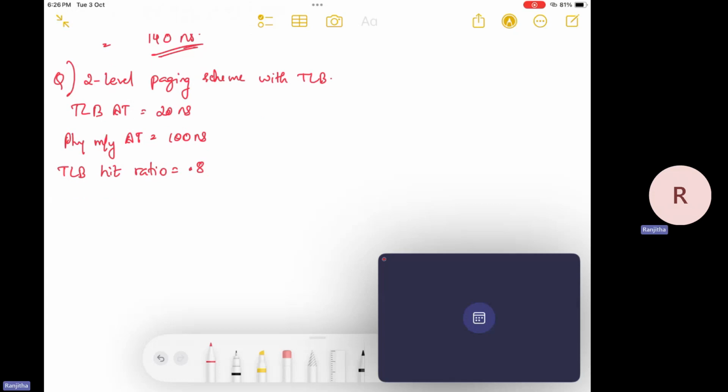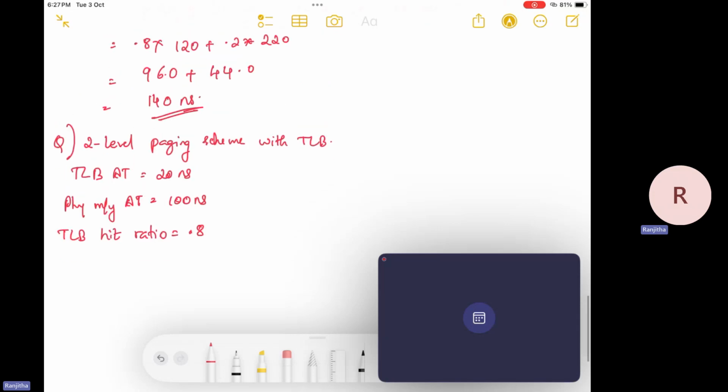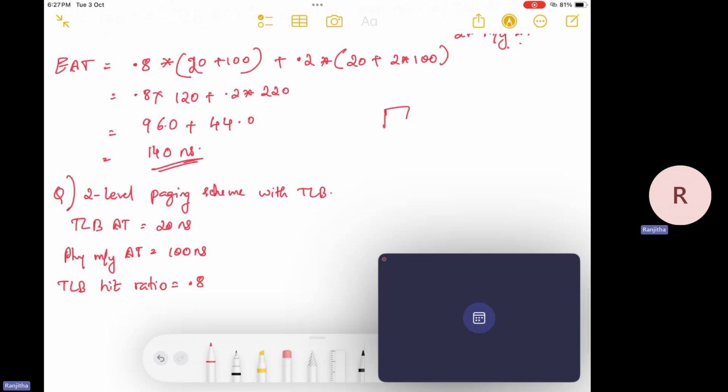So when we have multi-level paging, I think multi-level paging was already discussed last week. How multi-level paging works is, we'll have one level of paging followed by another level of page table access.